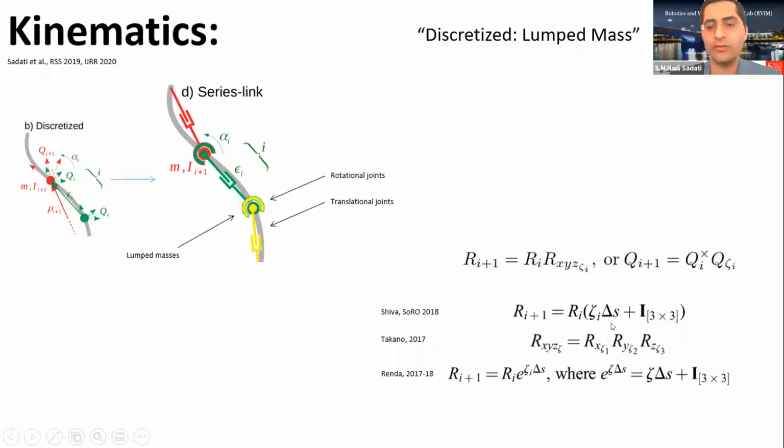The other is based on Euler angles with different orders of the rotations. And the last one is very similar to the linearization of the differential kinematics presented by Federico, who is an expert there, but in the Lie algebra formulation itself.